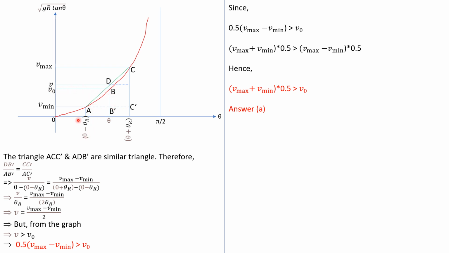At theta minus theta r, at A, it will be Vmin. And at theta plus theta r, at C, it was Vmax. So at D we have assumed that its value is V.